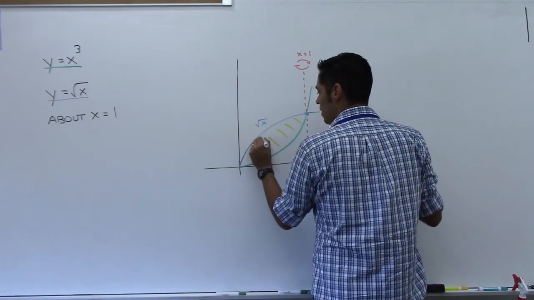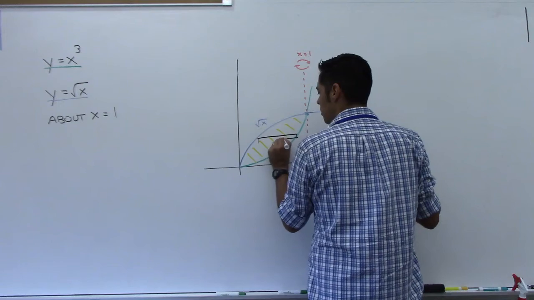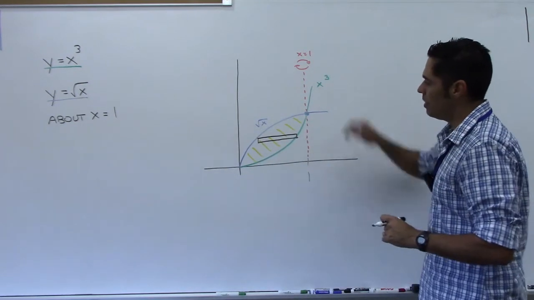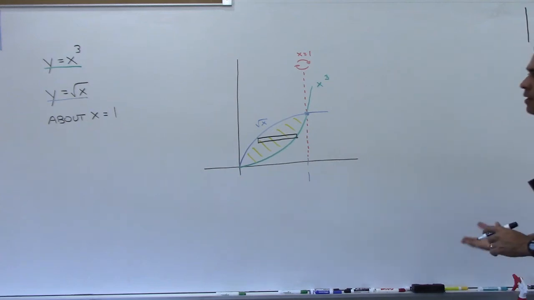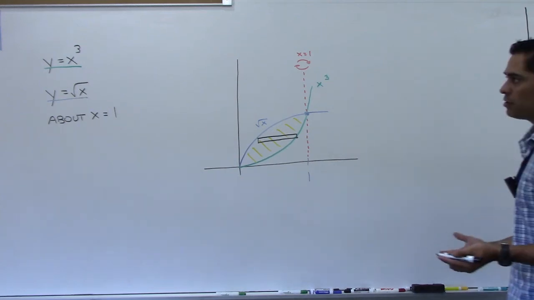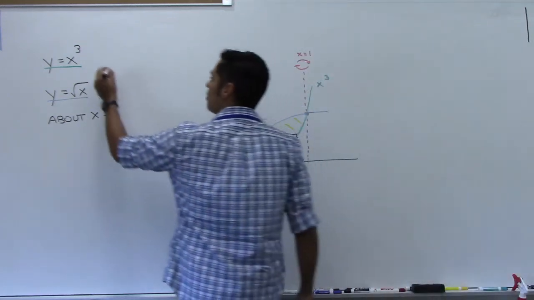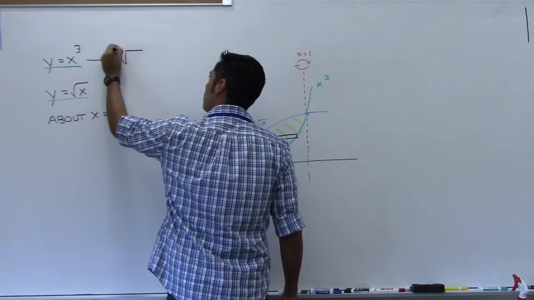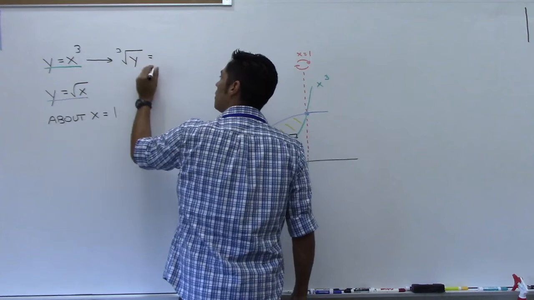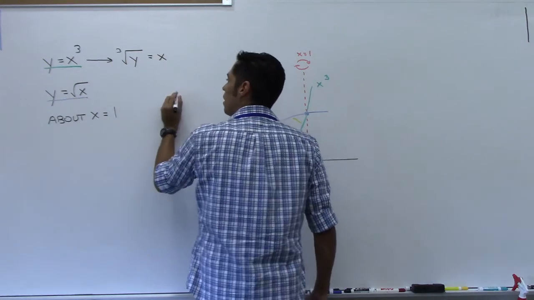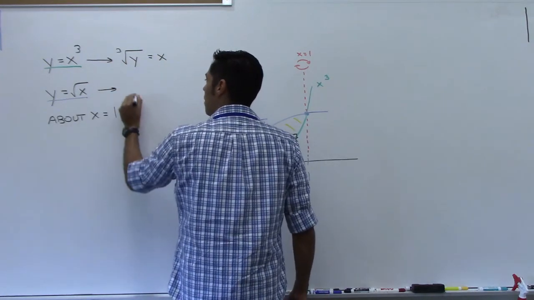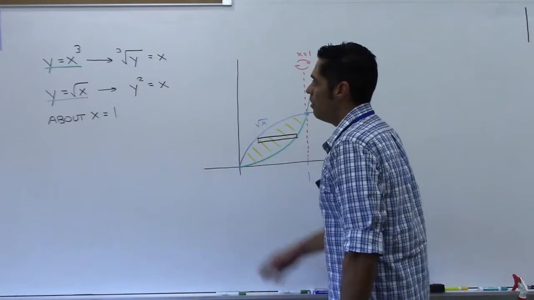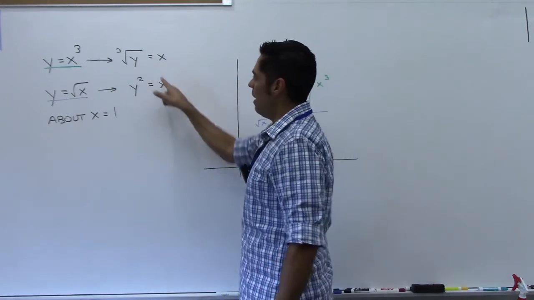Now if I do this, if I use a sideways rectangle, then these functions, the blue one and the green one, have to be functions of y, not functions of x. Right now they're functions of x. So what I need to do is convert these. I need to solve these for x. So I'm going to take the cube root on both sides, and you get this. And then here I'm going to square both sides and get that. So now you have x in terms of y, x in terms of y.